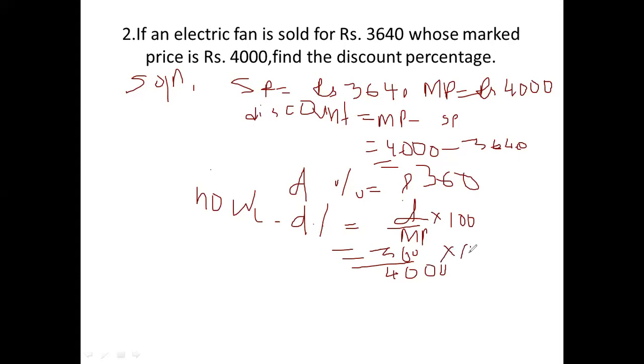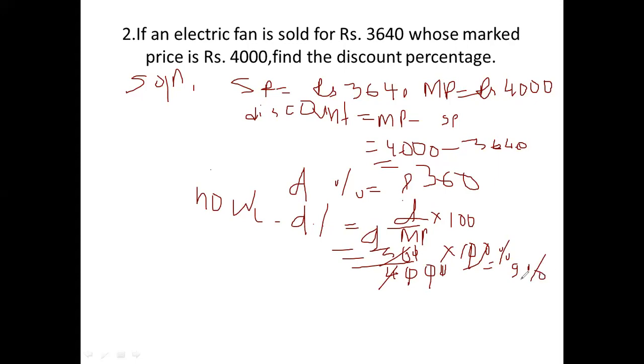Then if you cancel this, what will you get? 0, 0 cancel. 2, 0 cancel. Look here, another 0 also cancels. 4 1s are 4, 4 9s are 36. What is the discount percentage there? 9%. 9% is the discount percentage.